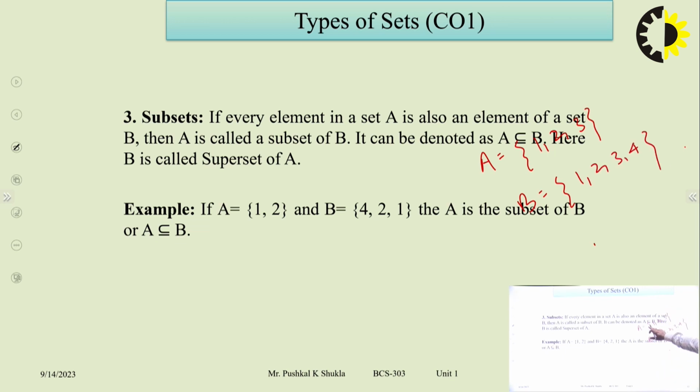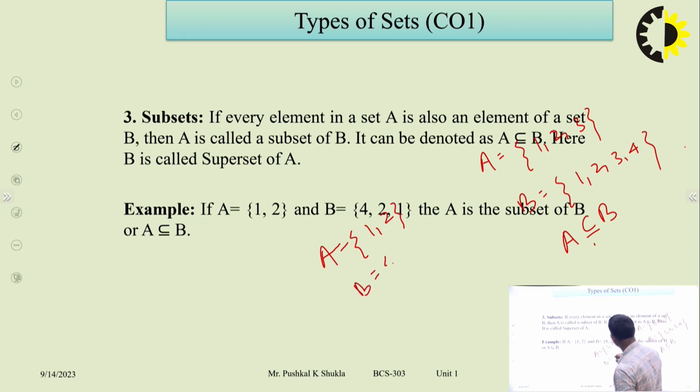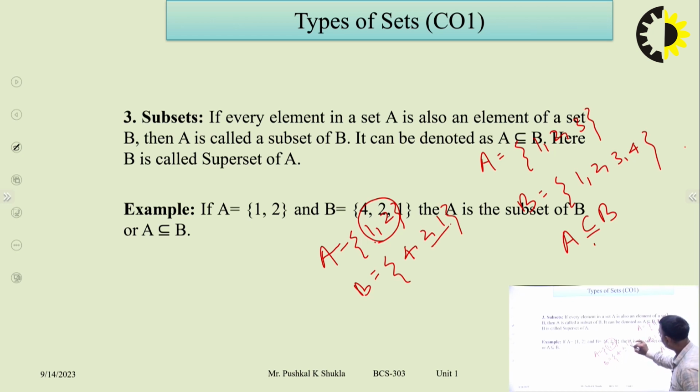So every element of set A is also an element of set B. So we can say A is a subset of B, and here B is called the superset of A. Another example: A equal to 1, 2 and B equal to 4, 2, 1. So all the elements of set A are also in set B. So we can say A is a subset of B.